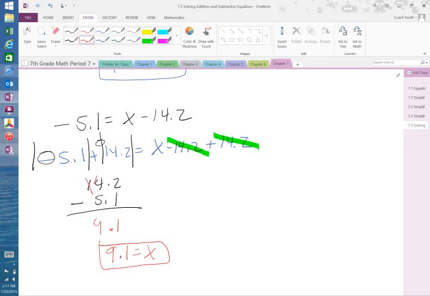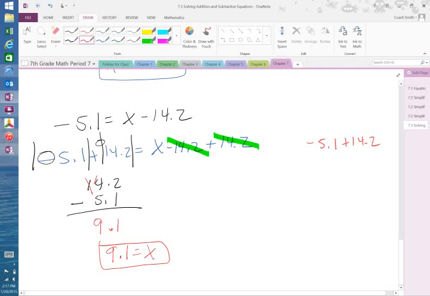Gabby. Why did you add 5? Why did I add? I mean, not like put it in. You have negative 5.1 plus a 14.2. So let's forget that it's an equation. To simplify that expression, what do I have to do?